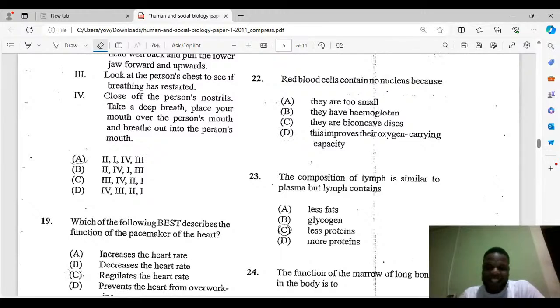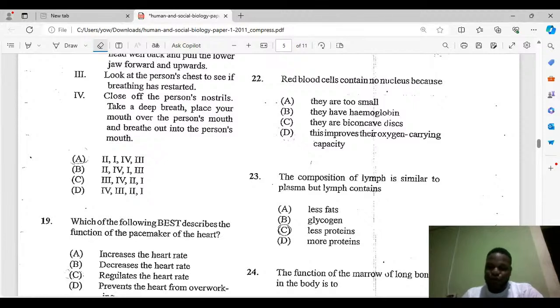The lymphatic system protects the body against diseases, and it also maintains fluid balance. Do we understand that? That's the simplest version of it.